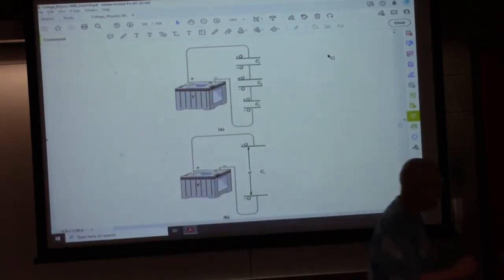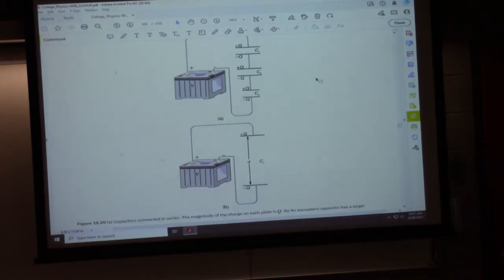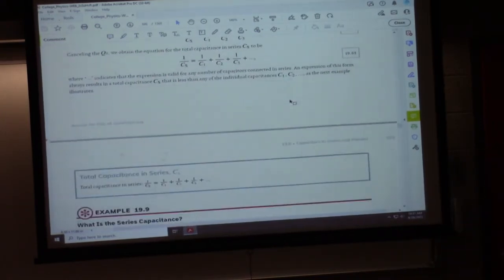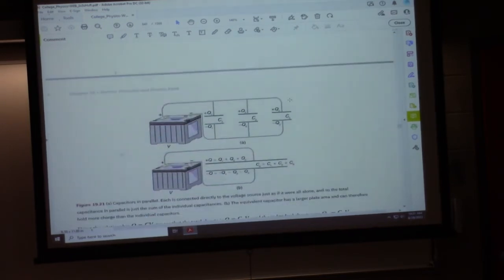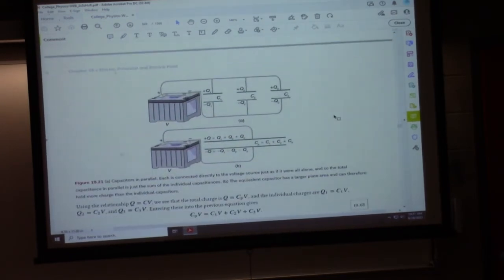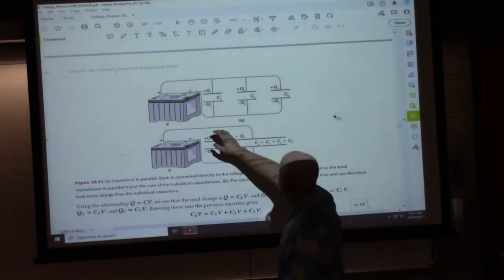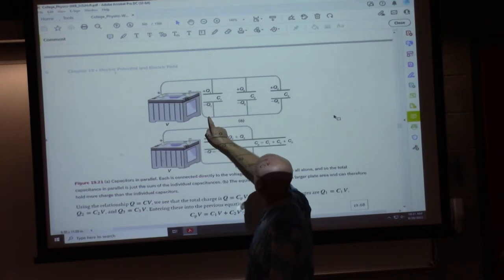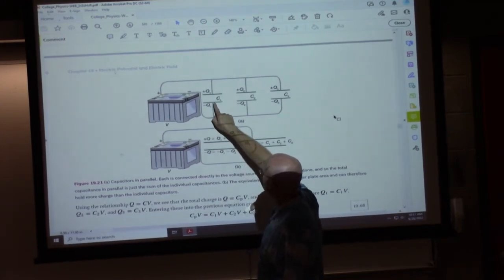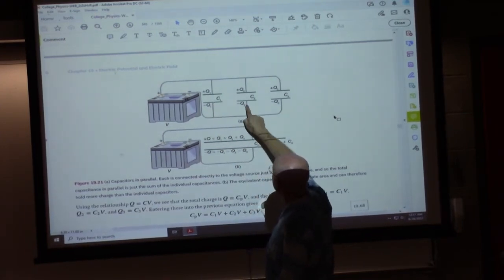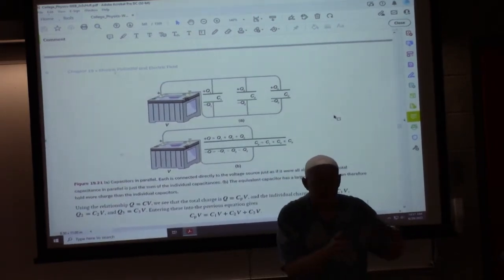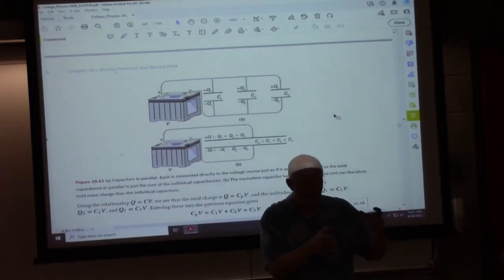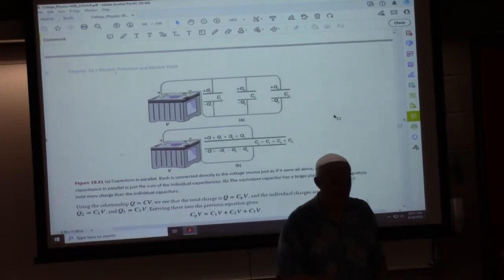Well, let's come back to that picture, but I want to point out that we could have a different picture. We could have this. What if we have a wire that comes out of the battery and goes to each of the capacitors separately?